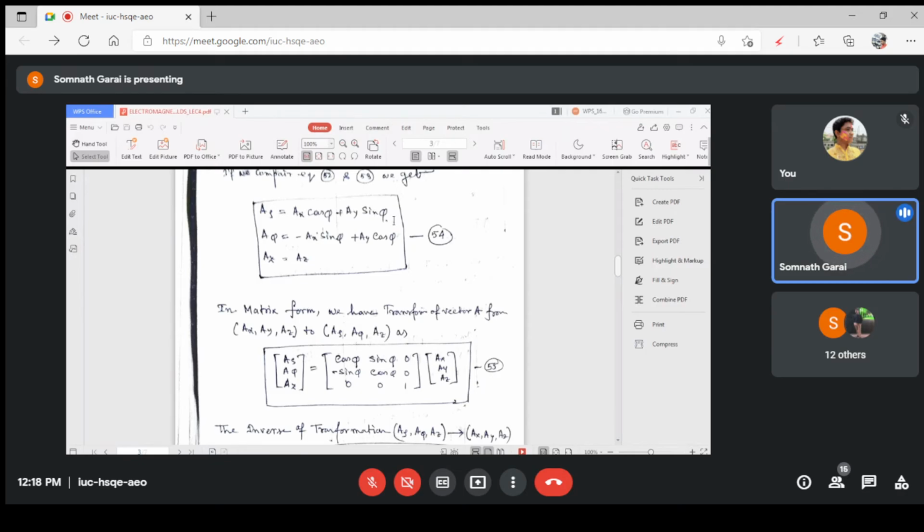Why 0? Because there is no z component in the A rho component. There is no z component, so it is equal to 0.